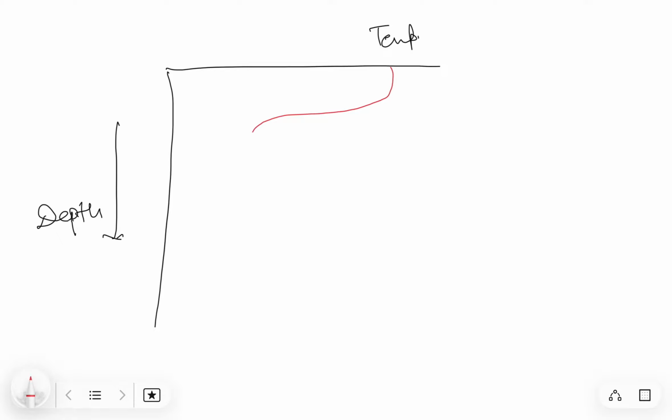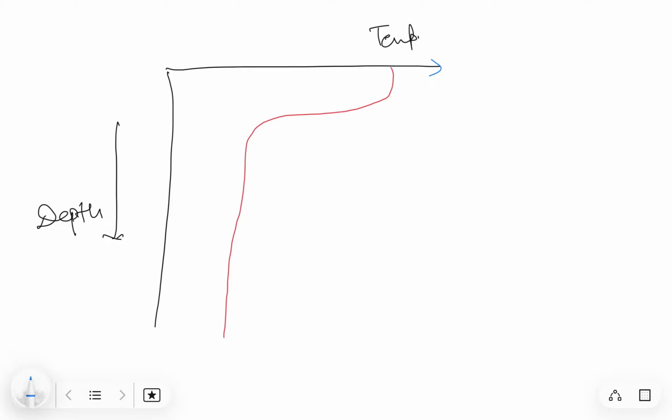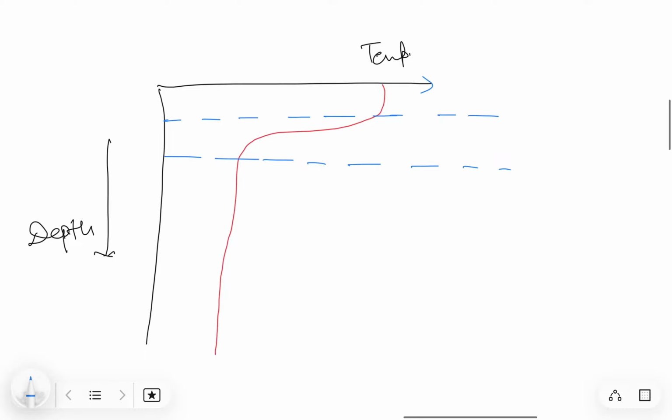So there is a slight decline, and then there is a steeper one. The layer where the temperature decreases speedily is known as the thermocline layer, and it lies between 500 meters to 1 kilometer.